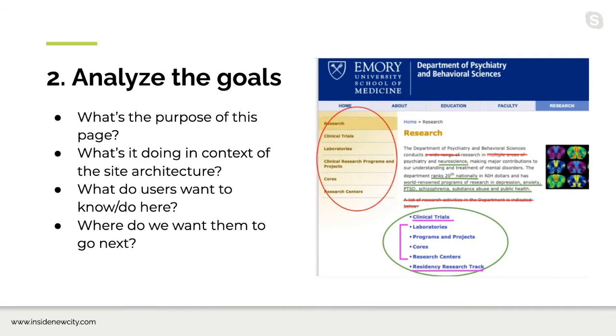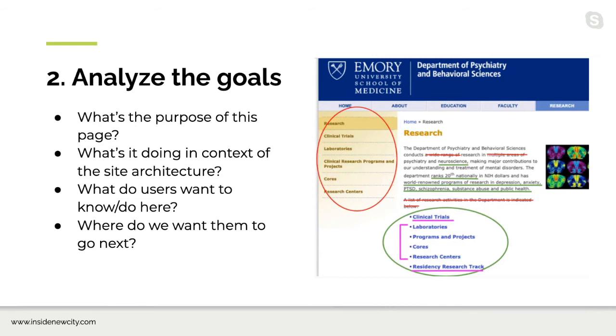So after you've identified the most important ones to focus on, the next step is to take a look at them one by one and really analyze the goals of those few pages. Usually we try to work with about 8 or 10 on a site to really get the top user goals covered. So think about them in terms of what's the purpose, what's it doing on the site, what's its job to do, what do users want to do on this page.